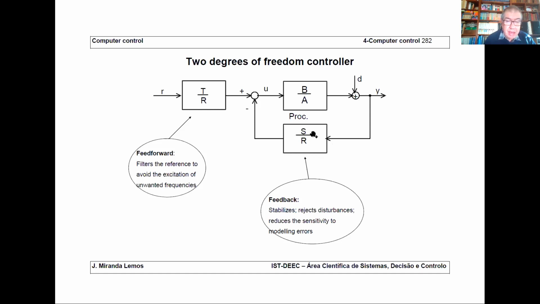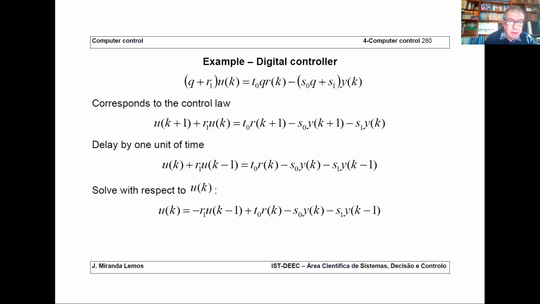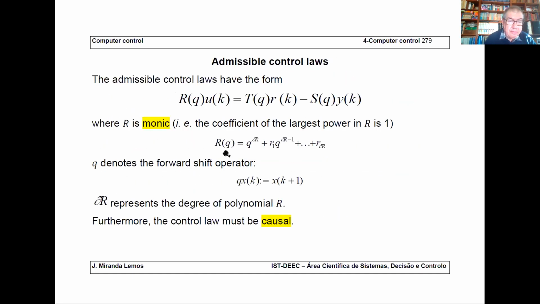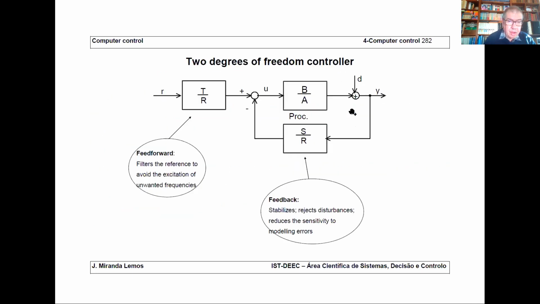So you have a feedback controller, which is described by S divided by R, and a feed-forward controller, T divided by R, that filters the reference R. Okay, so remember that if you look here, and if you divide everything by R, what you get is u(k) equals T divided by R filtering the reference, minus S divided by R filtering the output, which is what you can see here.